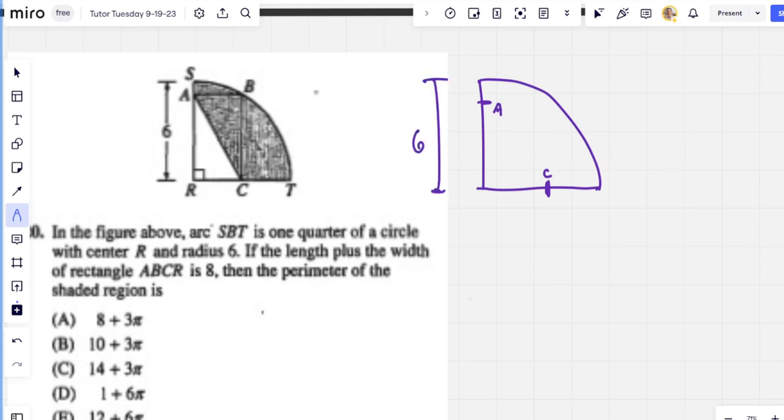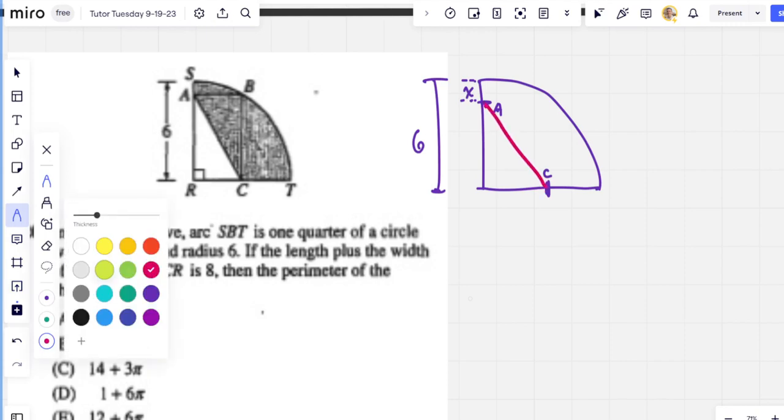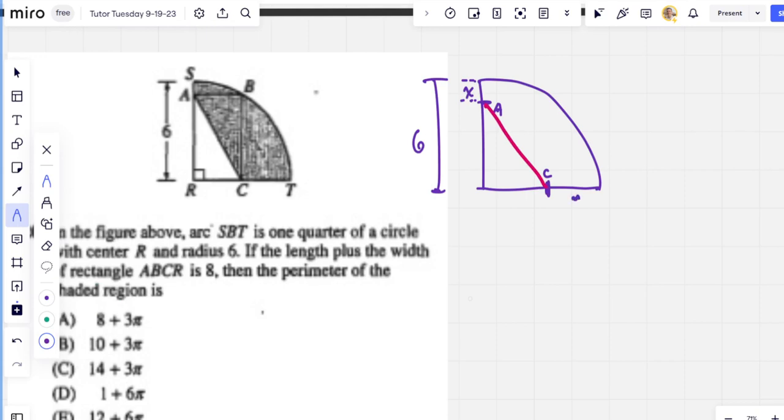I want to call this little portion X, this tiny portion up here between where the triangle intersects the side and the top of that semicircle. Let me draw that right there. And then I call this little portion Y down here, between C and T.